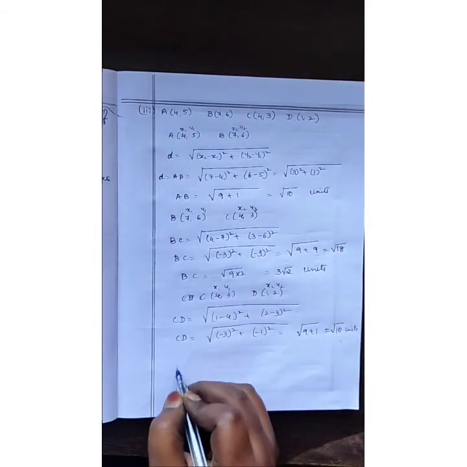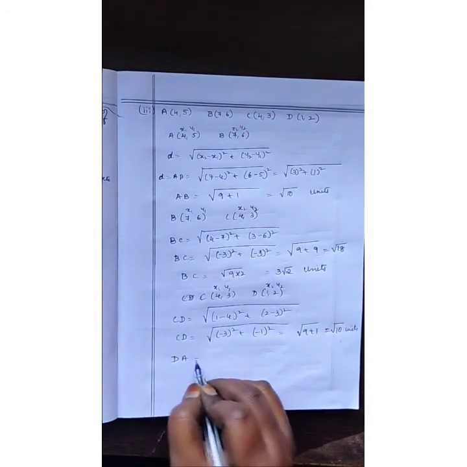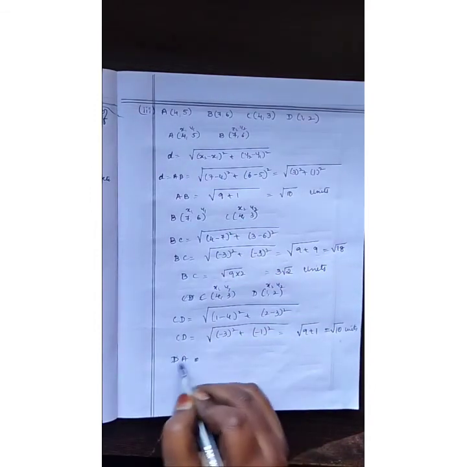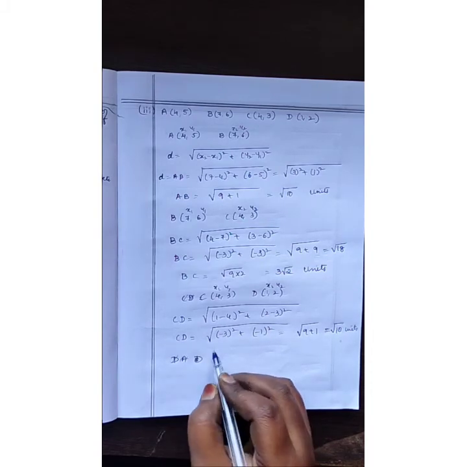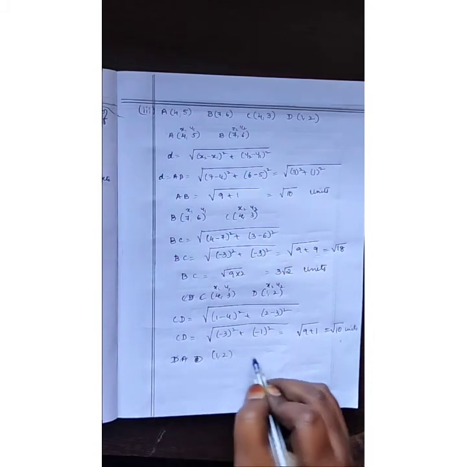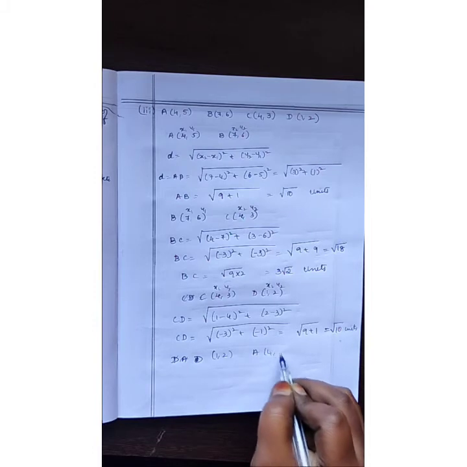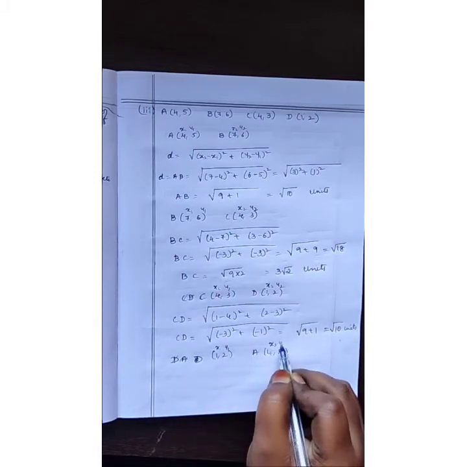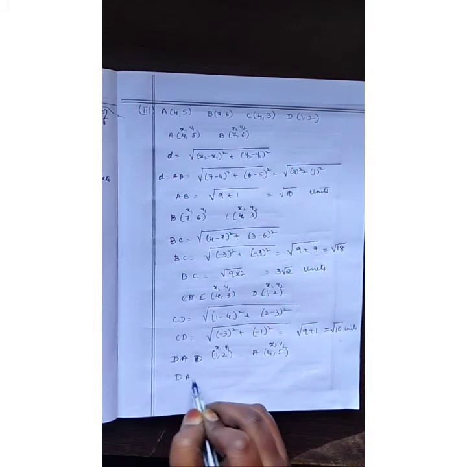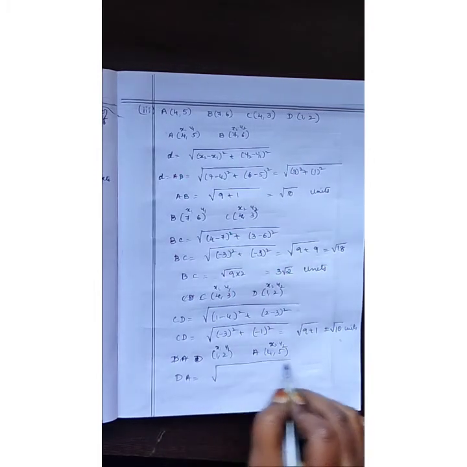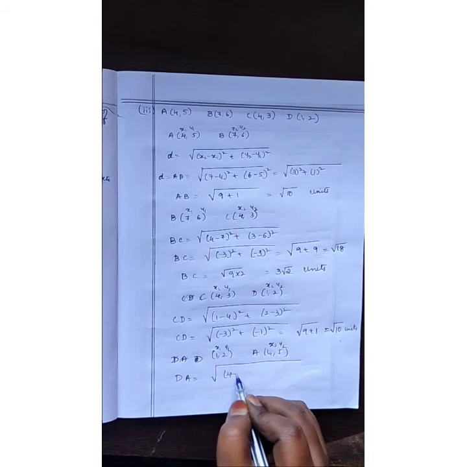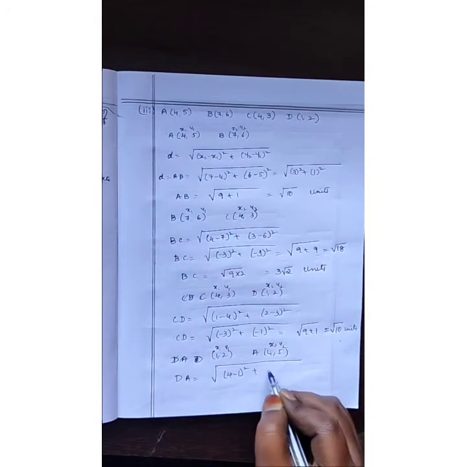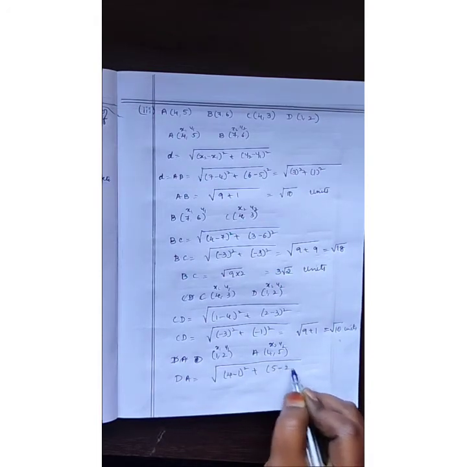Now we will check for DA. What are the points of D? D point is 1, 2 and A is 4, 5. Consider this as x1, y1 and this as x2, y2. Substitute these values directly in the distance formula. x2 value is 4, x1 is 1. y2 value is 5 and y1 value is 2.